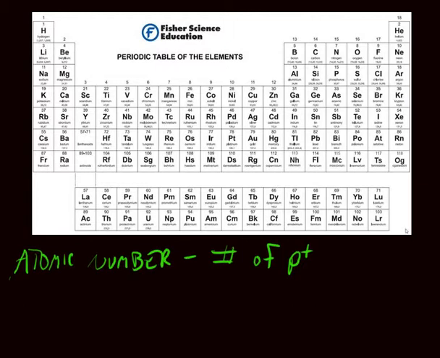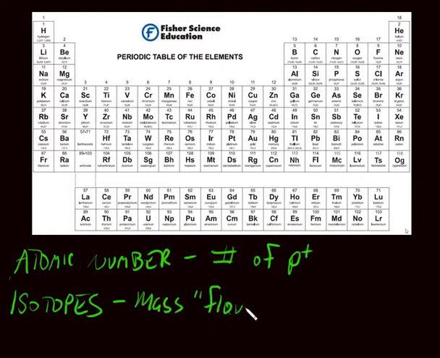So we move on to neutrons. And neutrons and protons, the sum of those numbers give rise to isotopes. And basically, an isotope is nothing more than a mass flavor of an atom. Some atoms have different mass flavors, others have very few mass flavors.